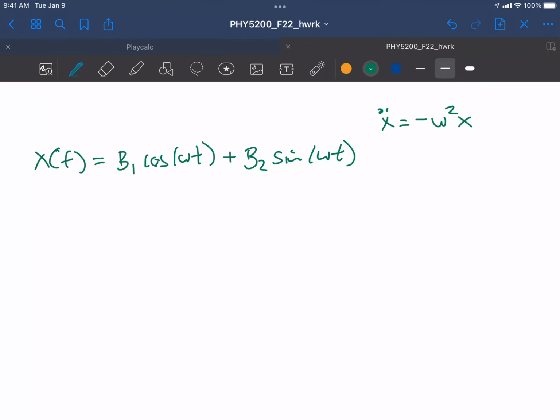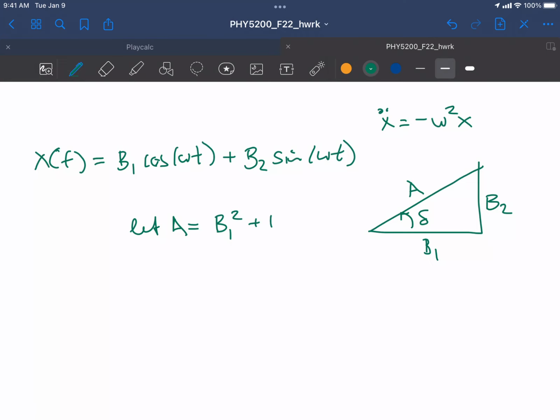We can imagine a triangle with constants b1 and b2, and there's some angle delta here and some hypotenuse a, and let's let a equal, according to this triangle and Pythagoras, the square root of the quadrature sum of those two terms.